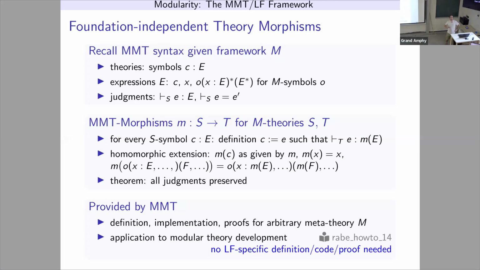Usually it's not done. If you read a paper, you usually won't find the definition of theory morphism. I think that's because they're not needed for anything else. You can't cut out substitution because somewhere in your presentation you're going to need substitution. You can't cut out your typing judgments. They're going to come up eventually.